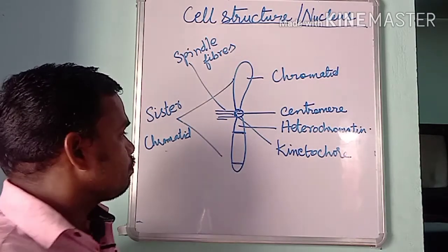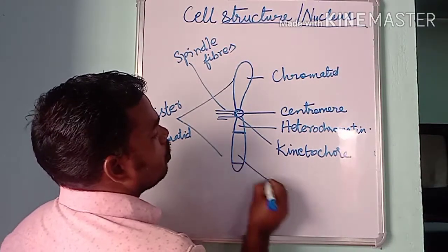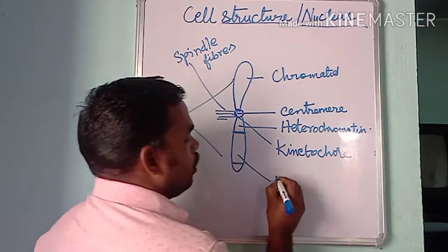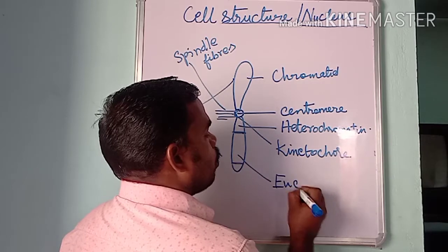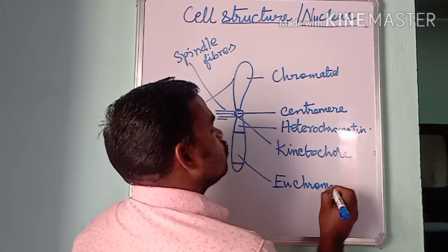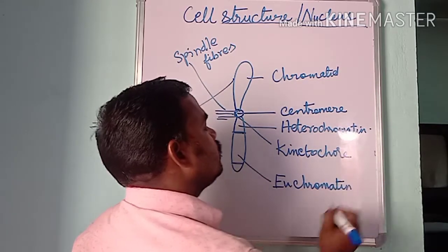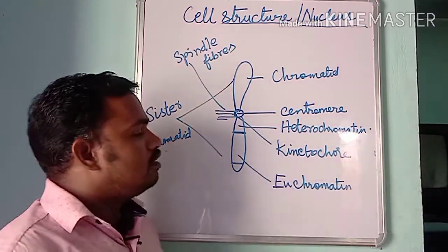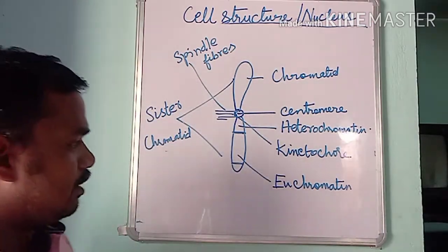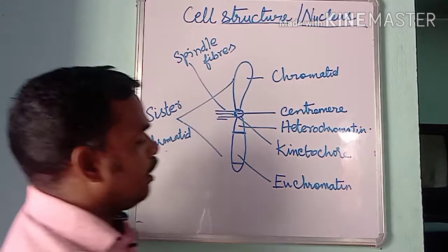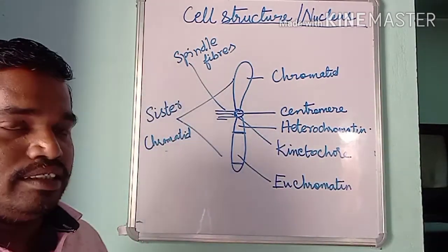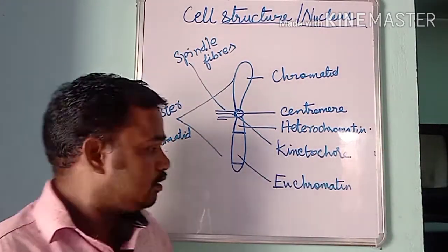The other region we call euchromatin. This euchromatin has the genes for mRNA transcription, so thereby it is loosely condensed.